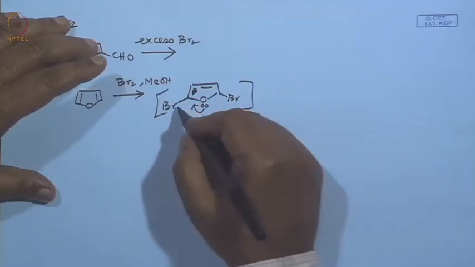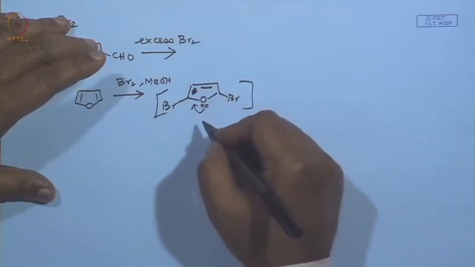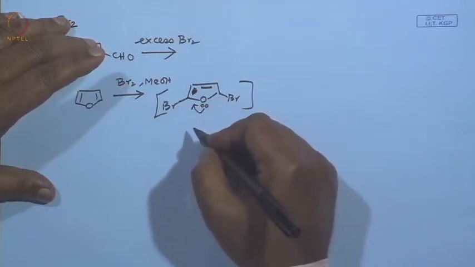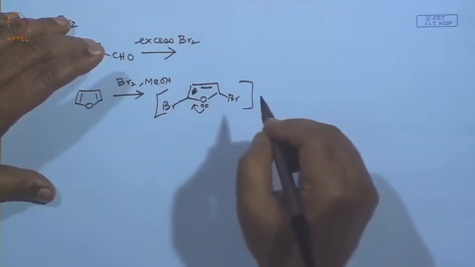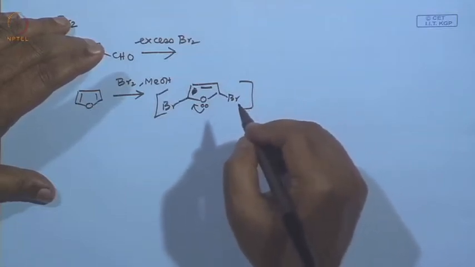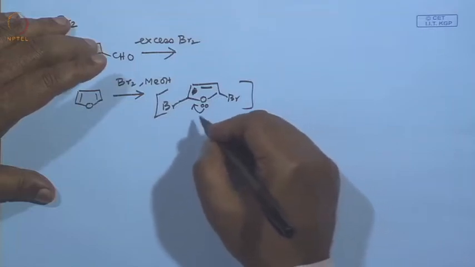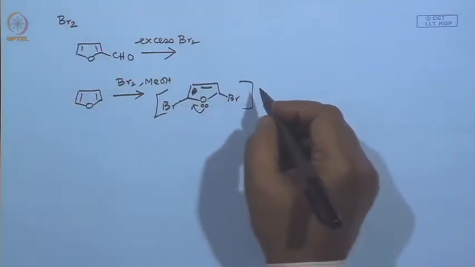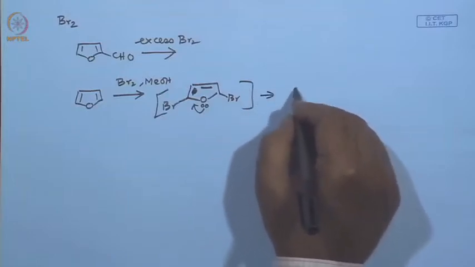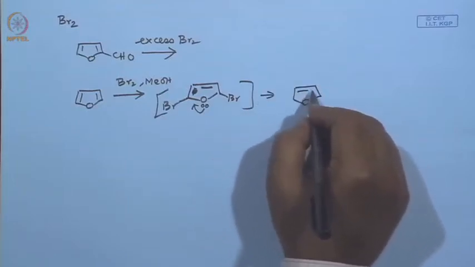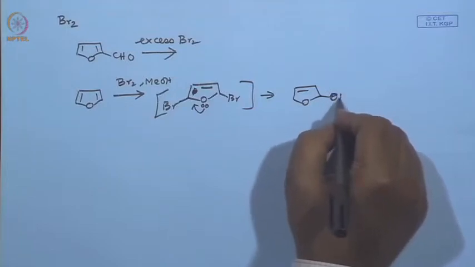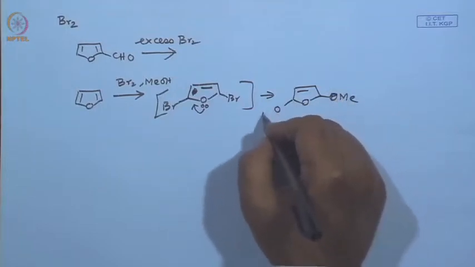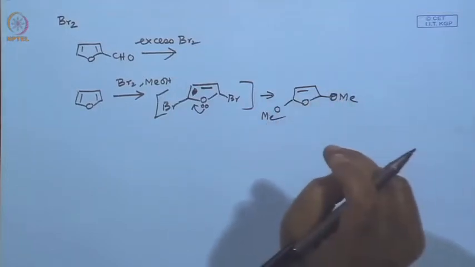This is like MOM chloride. All of us know MOM chloride is pretty reactive because the oxygen lone pair stabilizes the adjacent carbocation. On similar grounds this intermediate would be pretty reactive, and so the bromine would be substituted by methoxy on both sides and we get this product.